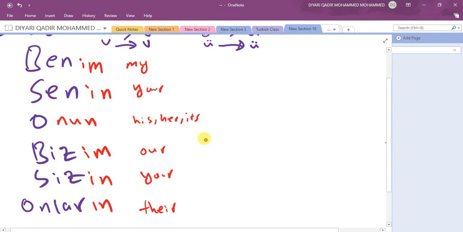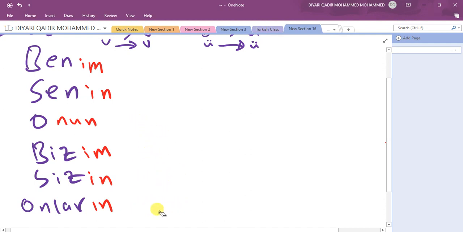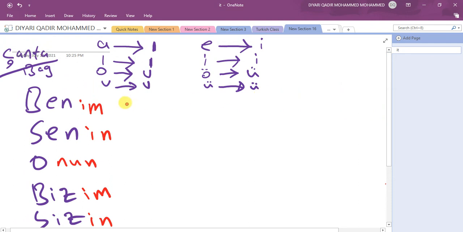So if you say my bag, your bag, his bag, her bag, and so on, what are you going to say? Benim çanta. Çanta plus another suffix. This was the first suffix. This is the second suffix.